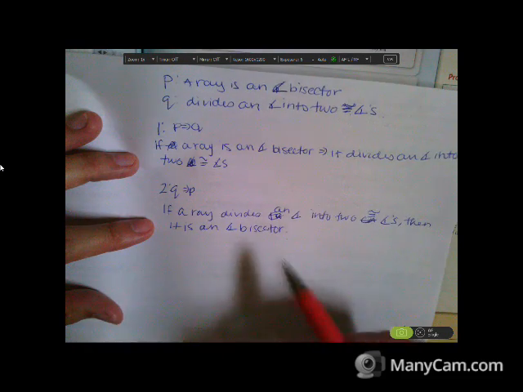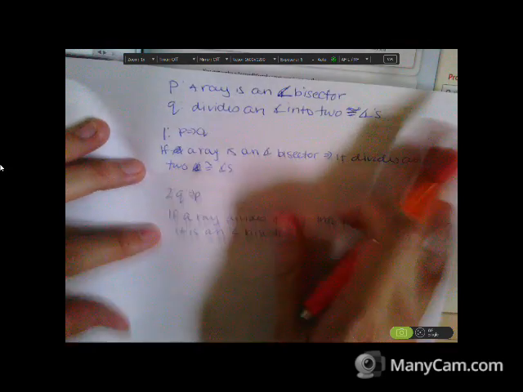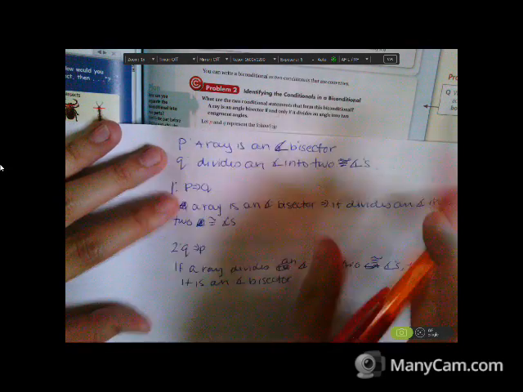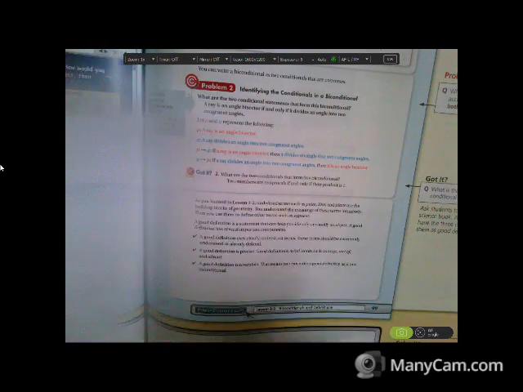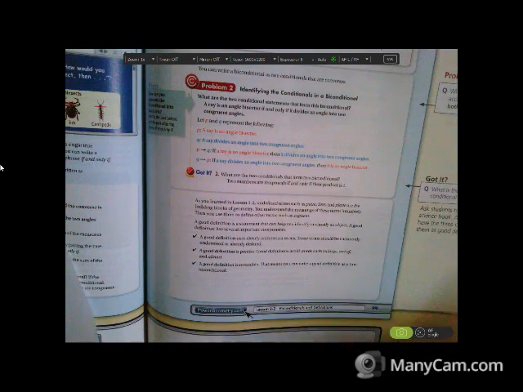And you can see that these two statements are true. Therefore, you can have an if and only if. Alright, so why don't you try the got it?